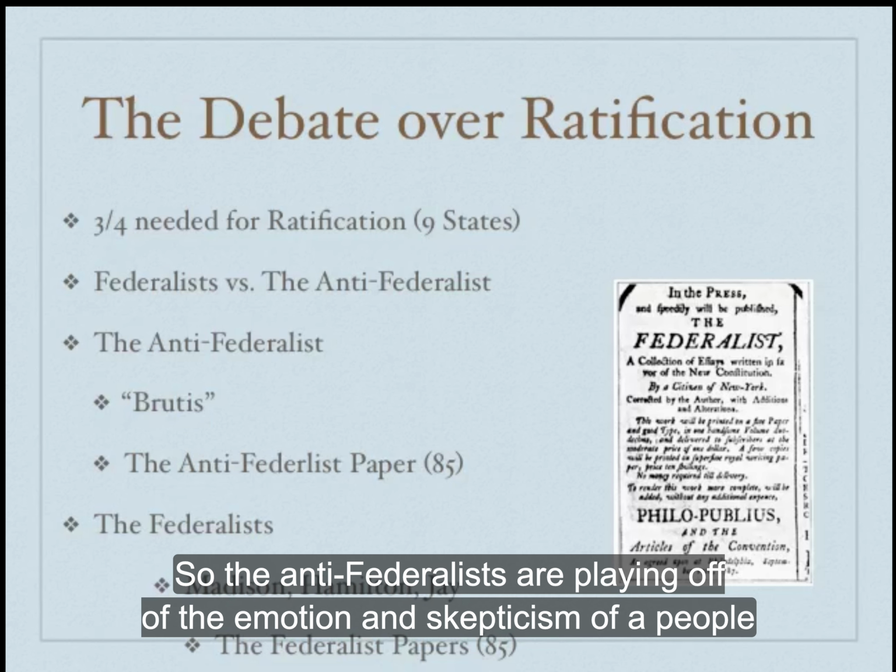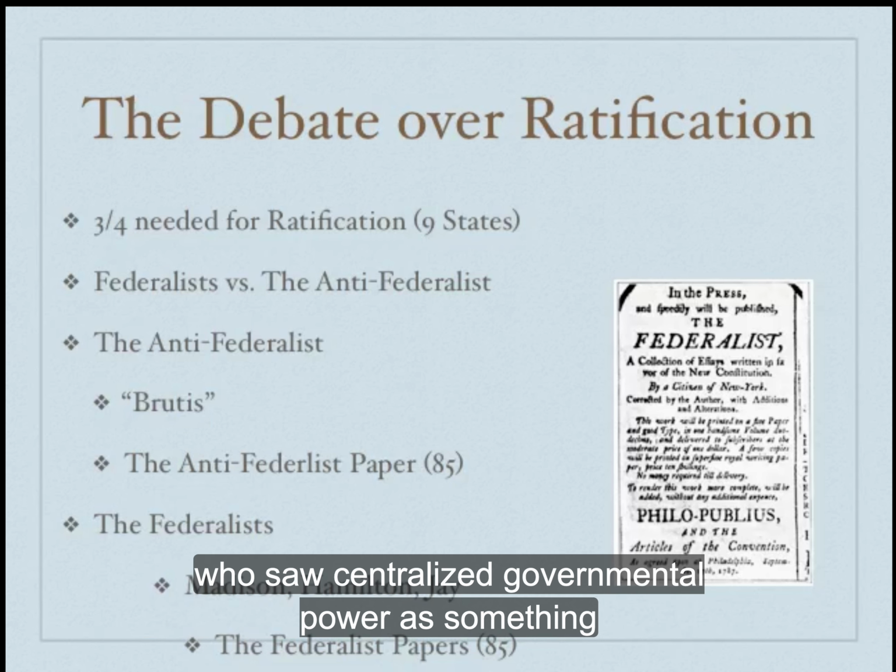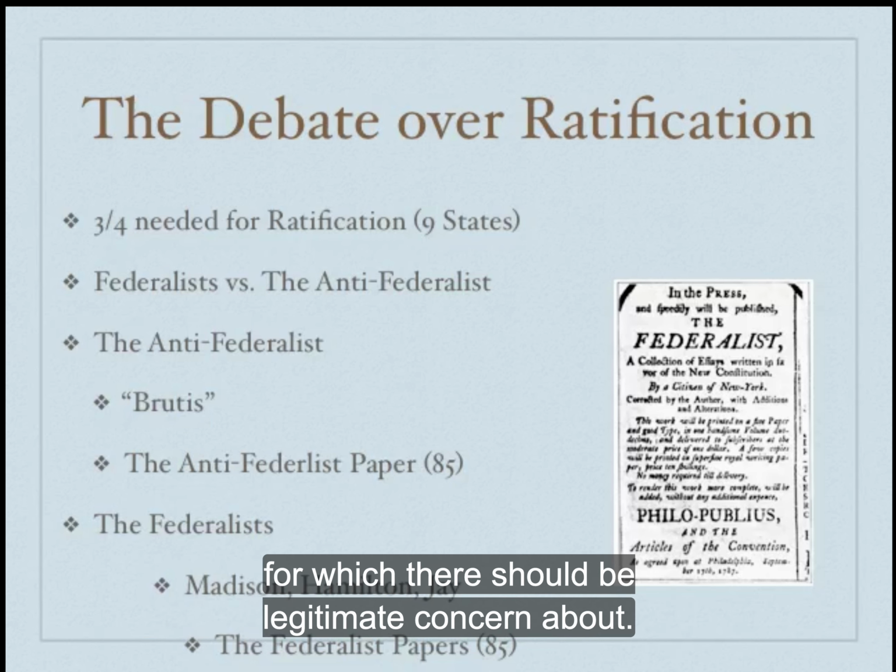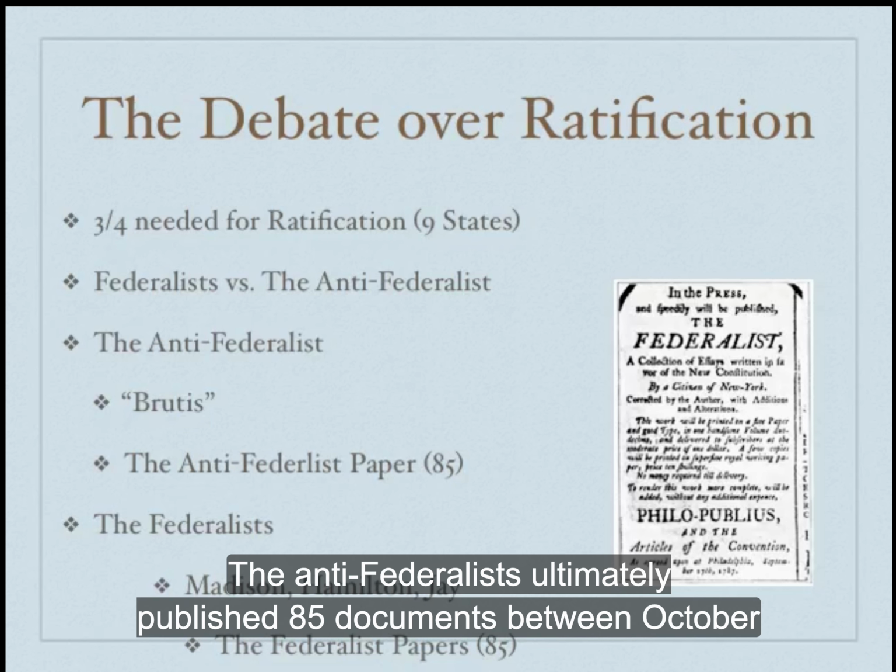So the Anti-Federalists are playing off of the emotion and skepticism of a people who saw centralized governmental power as something for which there should be legitimate concern about.